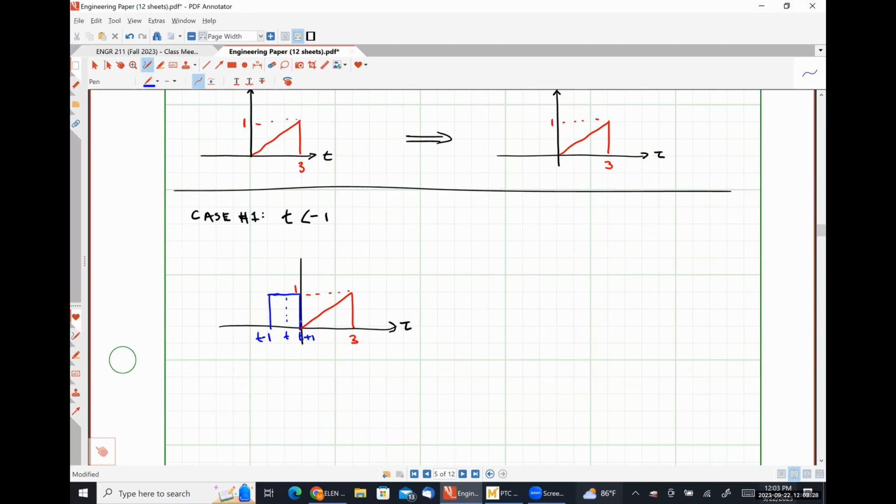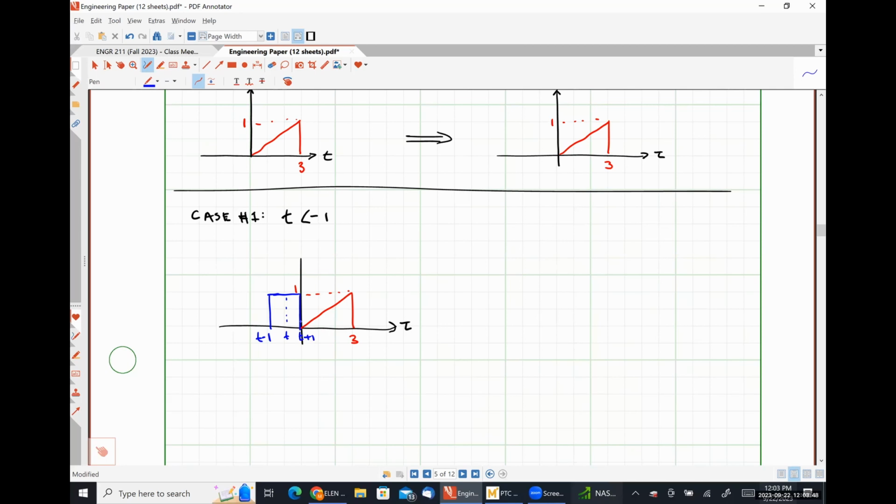This is right before they start to overlap. For any t less than -1, there is not going to be any overlap, because this guy only goes over 1 unit.